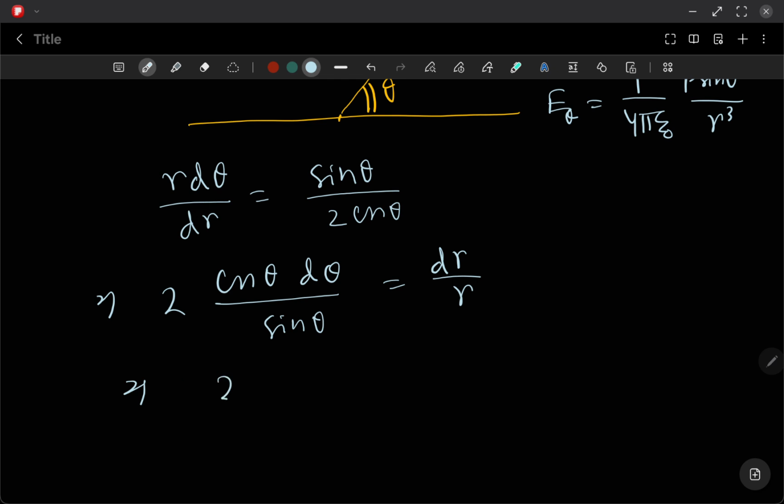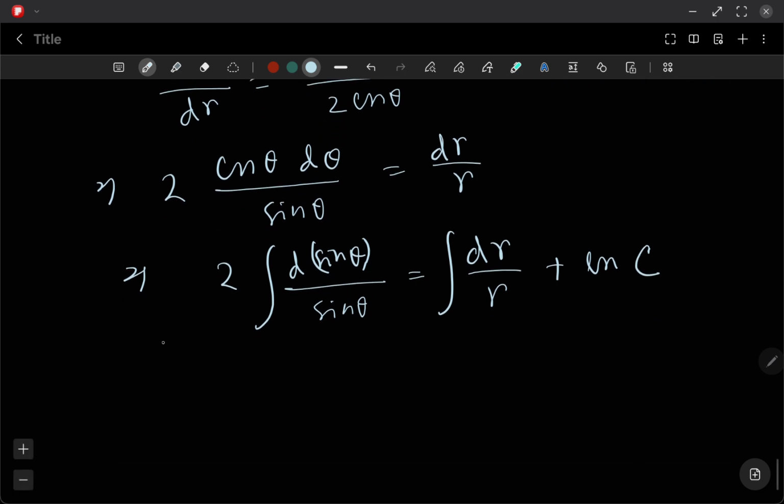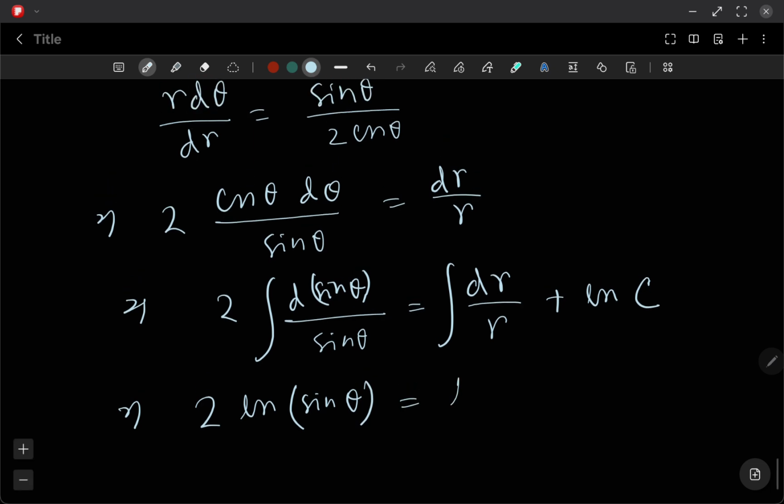So cos theta d theta is d of sin theta, so d(sin theta) by sin theta equals dr by r. Okay, now integrate. Let us add one integration constant as ln c. So this is ln sin theta, and this is ln r plus ln c.